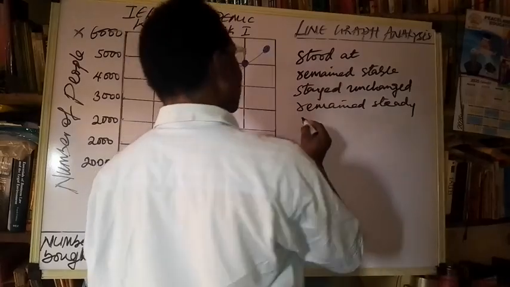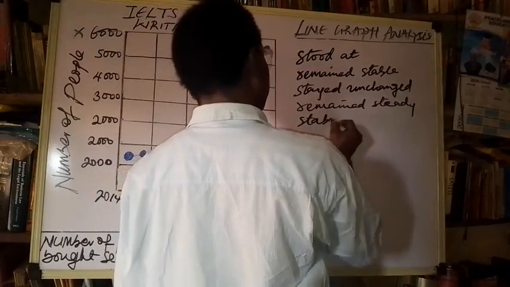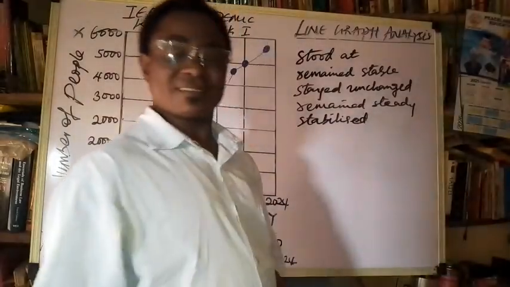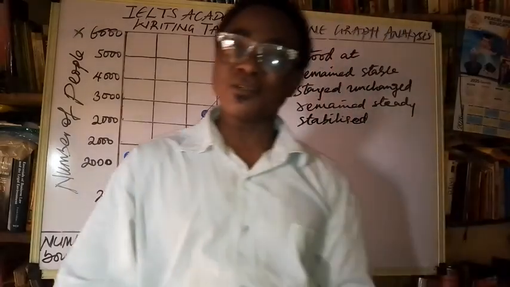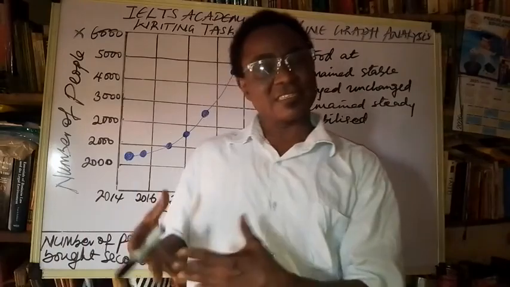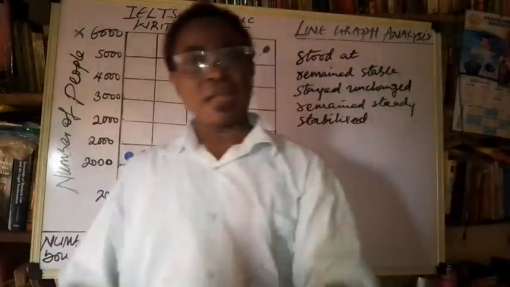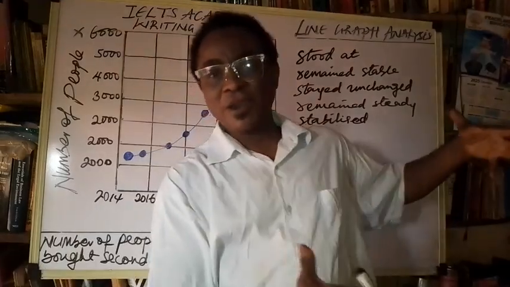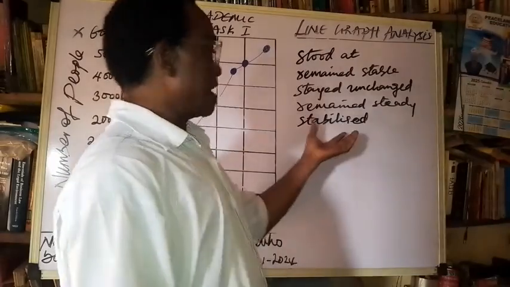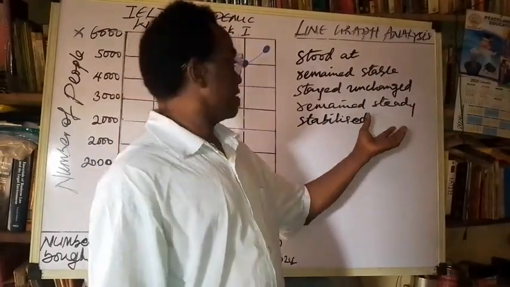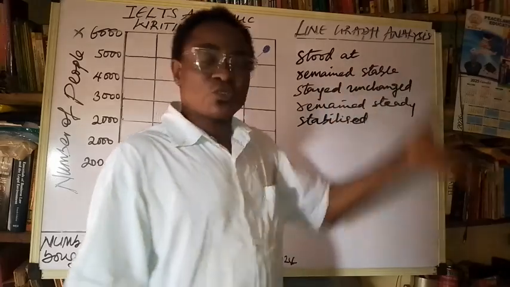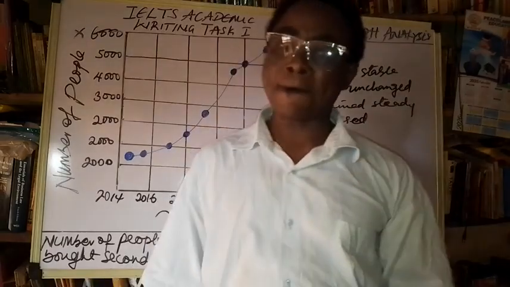You could also say it stabilized. Prices, quantity demanded, quantity supplied, number of girl children attending secondary school, number of new boy child enrollment into primary schools stabilized, remained steady, stayed unchanged, remained stable, or stood at a particular figure.